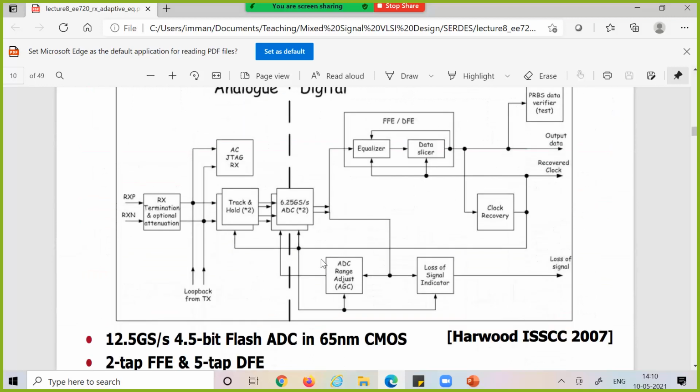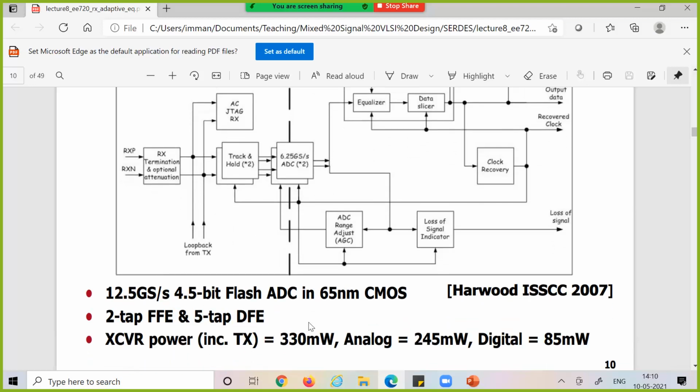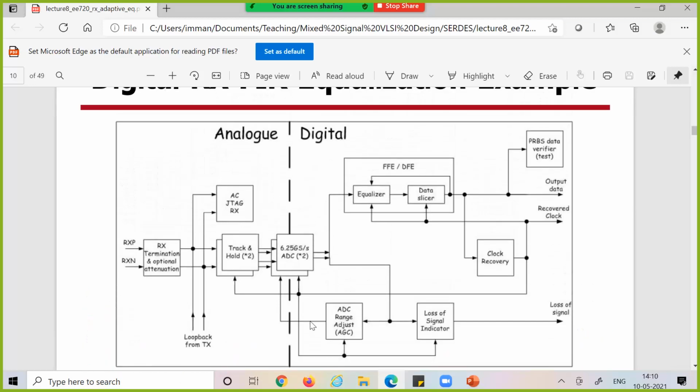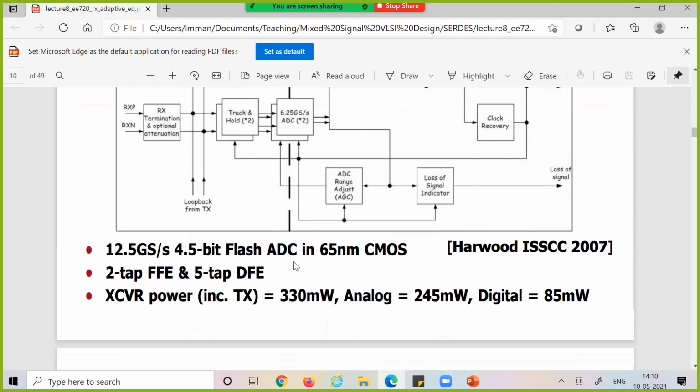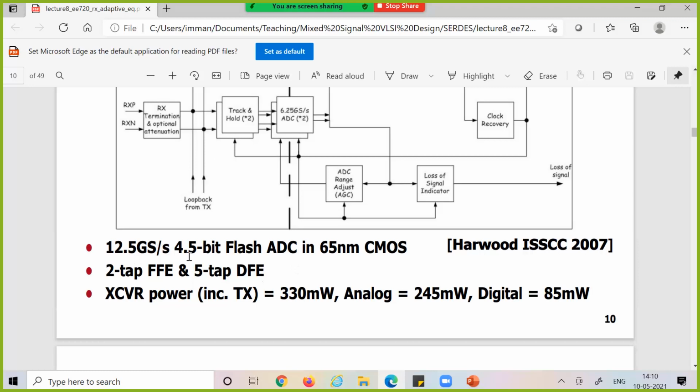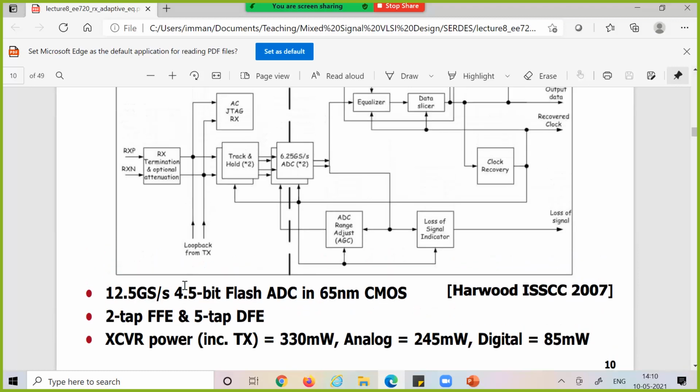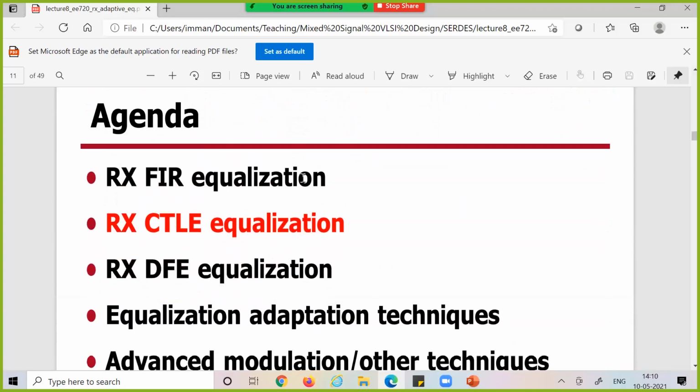There is an example given here. So this is a 6.25 giga samples per second ADC, and it's a 4.5 bit flash ADC, right? And the power consumption is very very high. Okay. So you have track and hold, and then you actually need 12.5 giga samples per second, but then you do it by switching between. You have a time interleaved ADC, and then you do that. Okay. But usually this is not done.